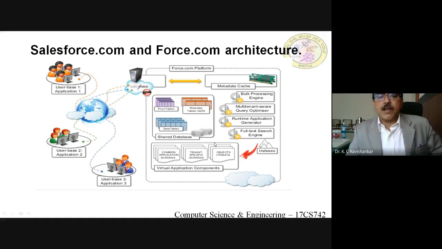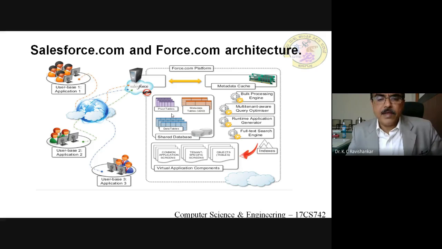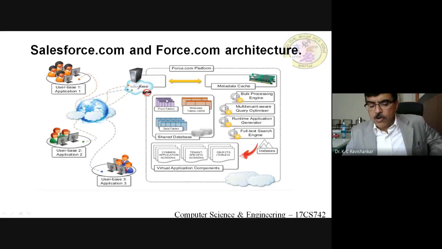That will help you in understanding the data, and metadata tables will be used for execution, and data tables, the real data, are available here. Pivot tables are also there to index your information. Okay, common application screens are there, tenant specific screens are there, objects or tables or the data structure is there for executing. So this gives you the overall architecture of Salesforce.com.